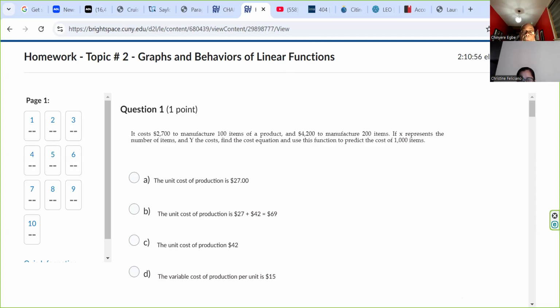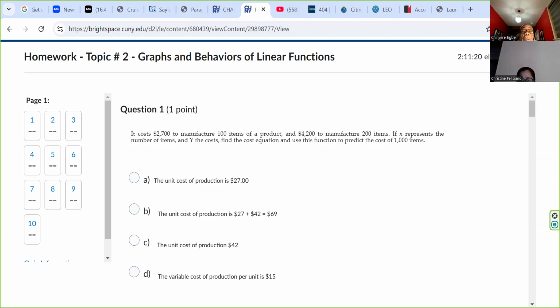Now remember when we are talking here about linear functions. One value, the dependent variable value, depends on the independent variable value, right?